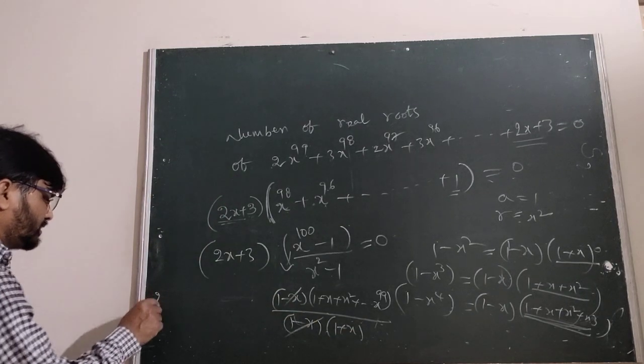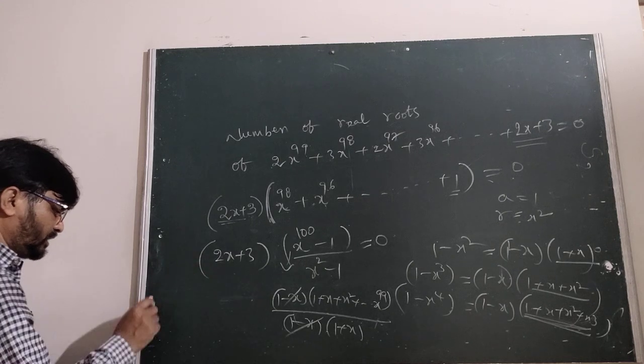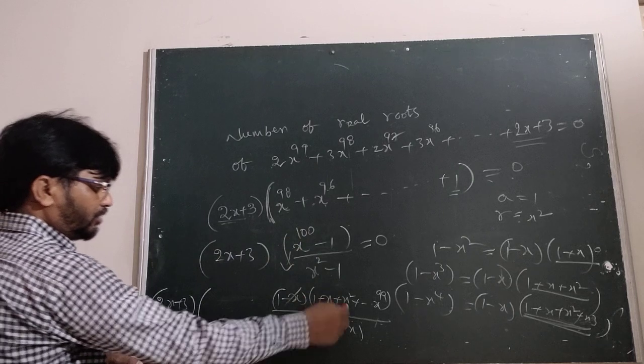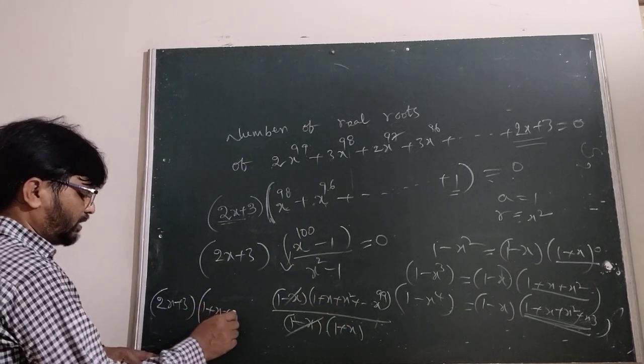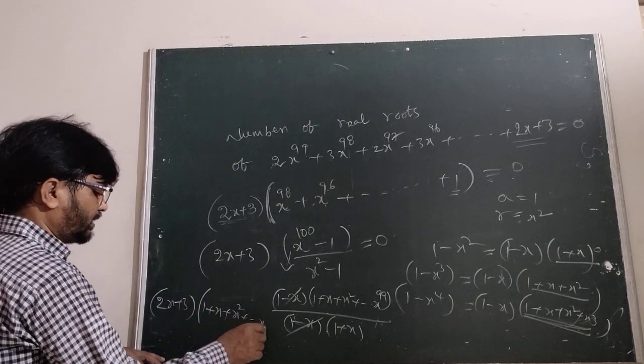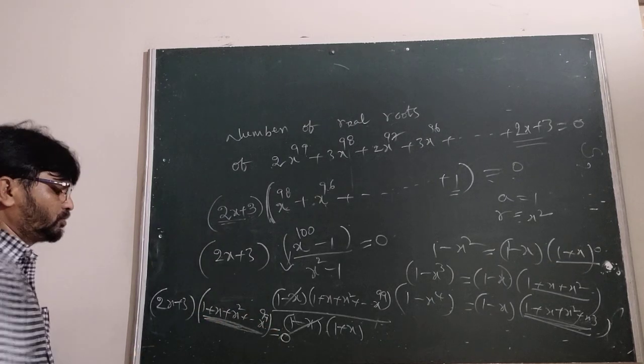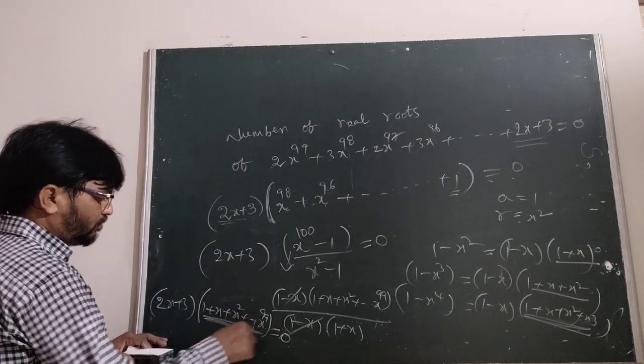The remaining part is 2x plus 3 into 1 plus x square plus and so on up to x power 99. So this is completely always positive. Why, sir, is this always positive?